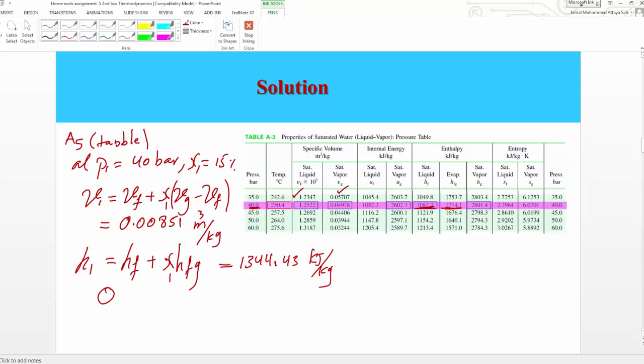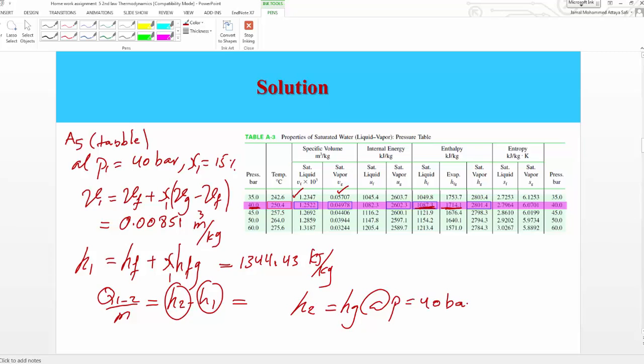So I can now calculate Q1 to 2 per mass is equal to H2 minus H1, and now I have H1 already, I need H2. How can we find H2? Now, H2 is actually Hg at P equal 40 bar.